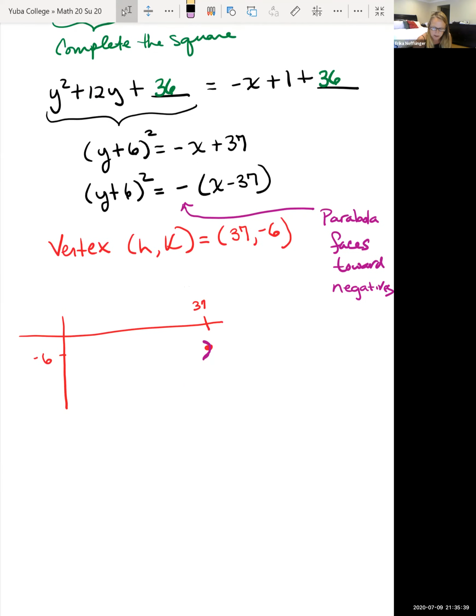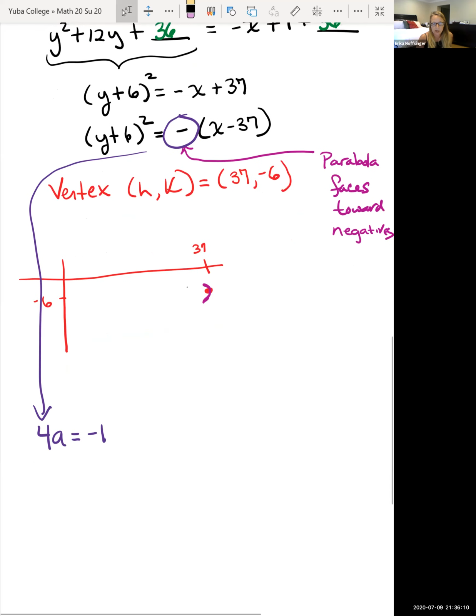So this was in the form where out here our formula was 4a. This piece here, 4a is equal to negative 1. So I need to know what a is in order to figure out where my focus is and where my directrix is.